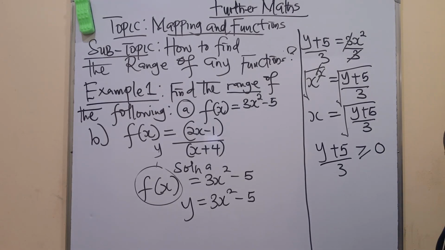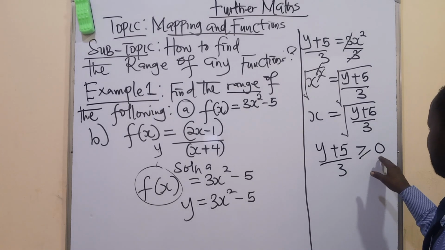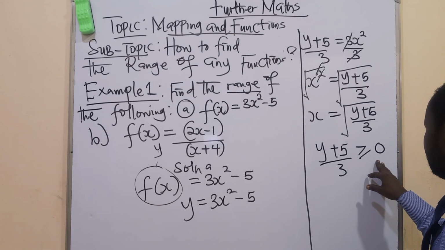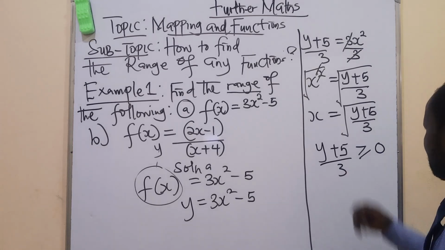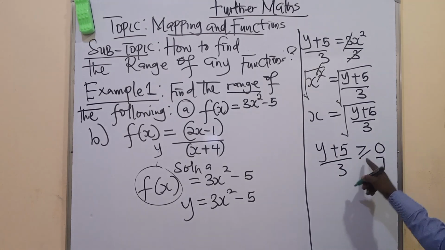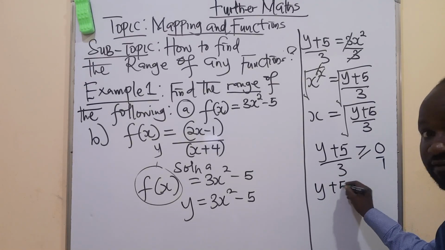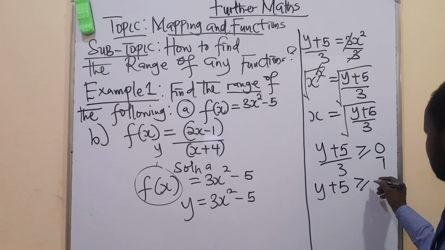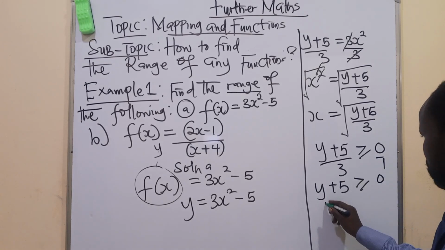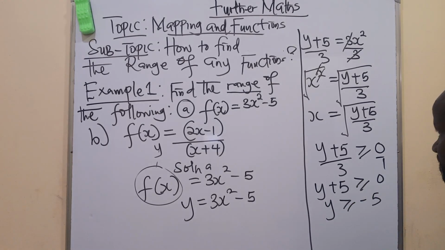must be greater than or equal to 0. So what are the possible values of y now? Let's solve for y. We cross multiply because this inequality sign is acting like an equal sign. We have y plus 5 is greater than or equal to 0. So y will be greater than or equal to minus 5.